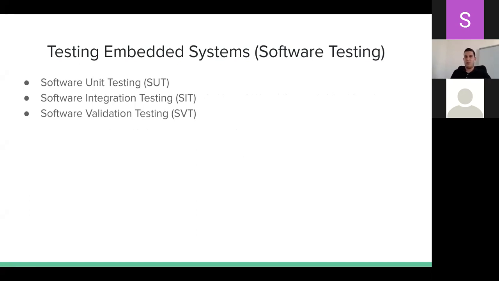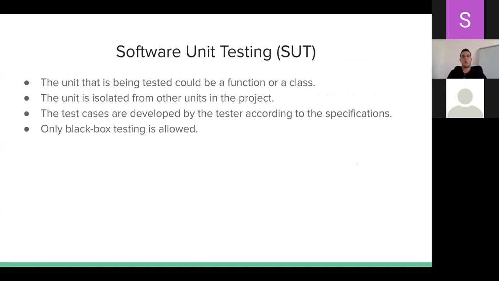Software testing. I've listed here only 3 types of software testing. There are more, but these are the main ones that are used. So it's software unit testing, also called SUT, software integration testing, SIT, and software validation testing, SVT. For software unit testing, the unit that is tested could be a function or a class depending on the programming language used in the project.